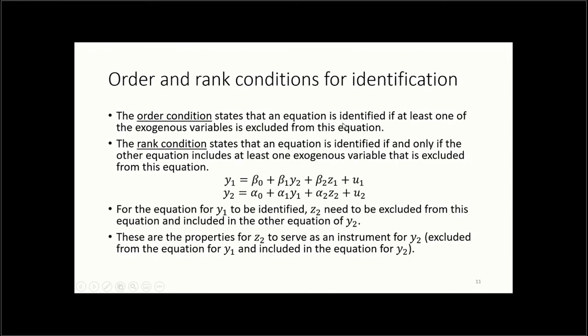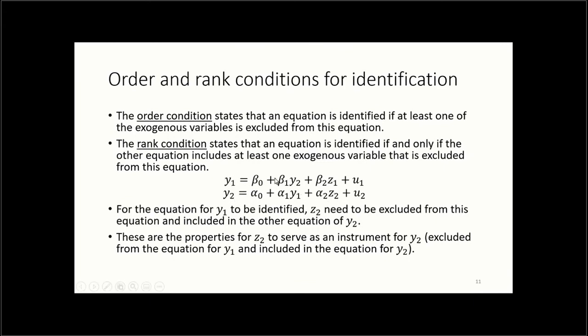The order condition states that an equation is identified, which means we can estimate it, if at least one of the exogenous variables is excluded from this equation. But the rank condition, which is the sufficient condition, states that an equation is identified if and only if the other equation includes one of these exogenous variables that's excluded from this equation.